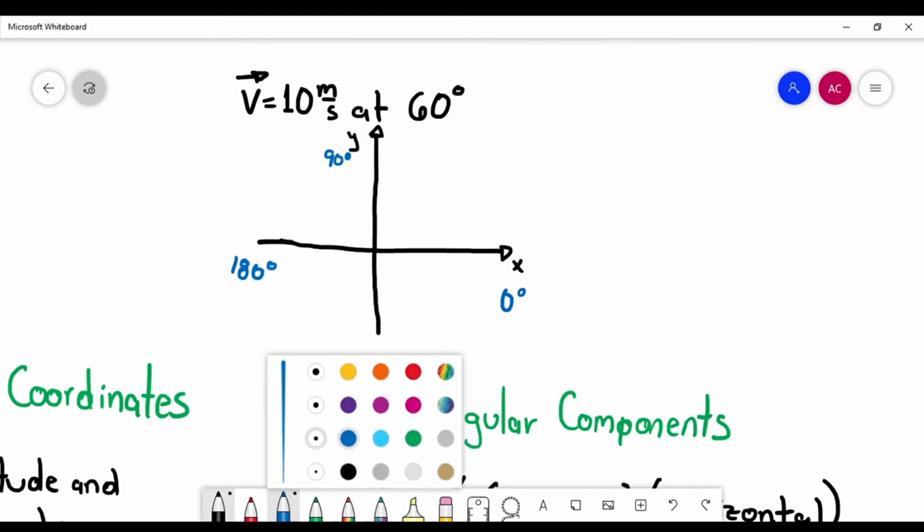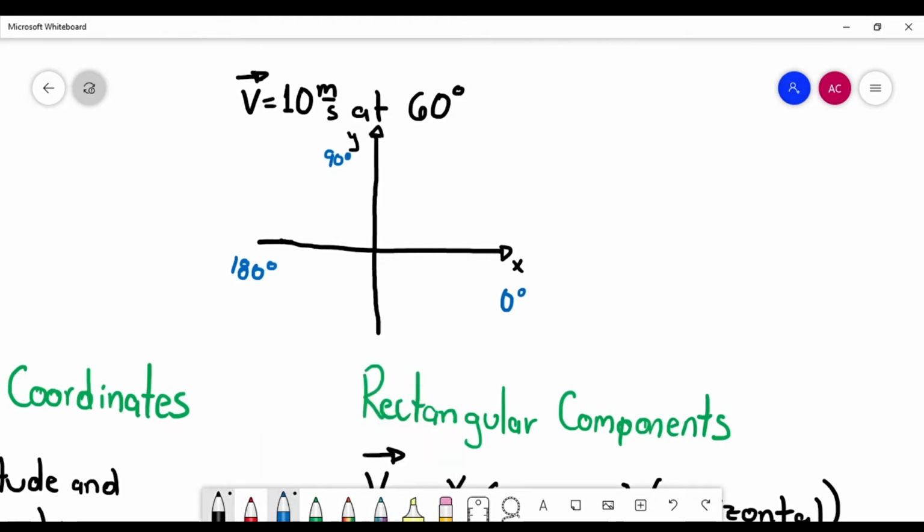So the vector, this vector, it says that it's at 60 degrees. So it must be between 0 and 90. So the vector must be over here. Yes. This is the vector, the velocity vector, and this is the angle or the direction. Remember that we are going to use the letter theta in order to represent the direction.